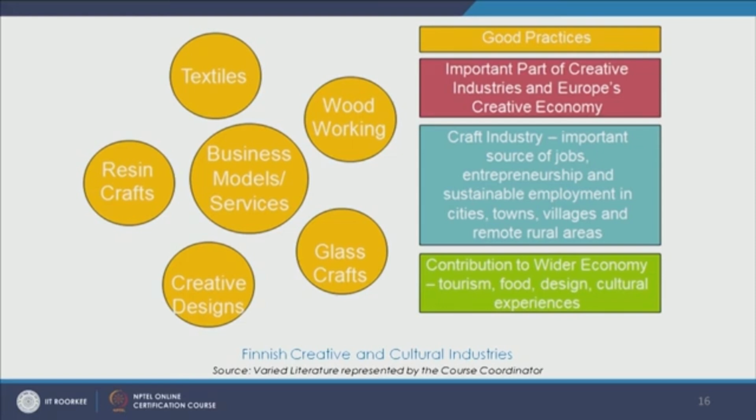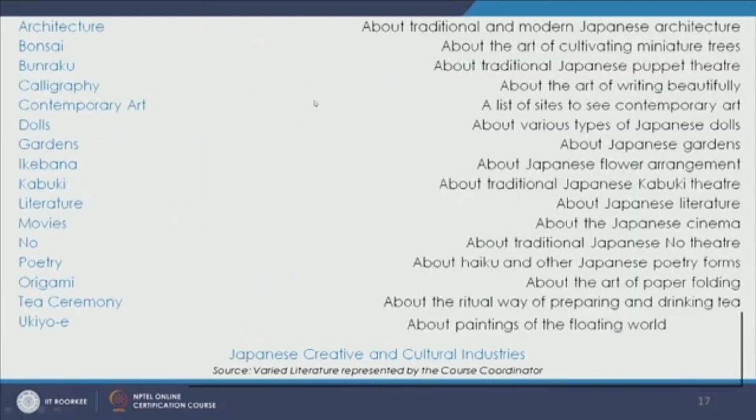So this was the overview, the different kinds of creative and cultural industries that could be seen in Finland. Over here we saw this example from Japan, and we see the mention of architecture over here. We see origami, which is very famous, and the very famous Japanese paintings. So all of these are again creative and cultural industries.